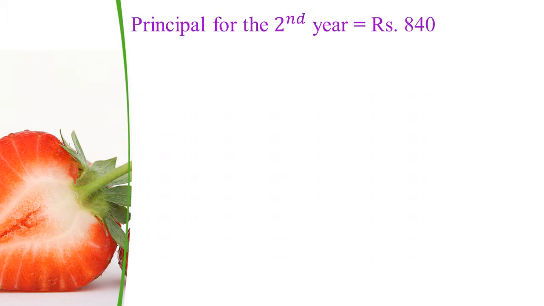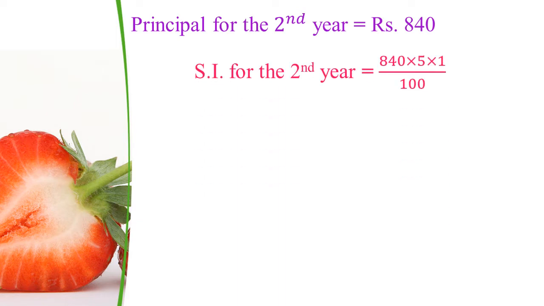So principal for the second year is rupees 840. Now we are going to calculate the simple interest for the second year. P multiplied by R multiplied by T by 100. Here the principal amount is 840. So 840 multiplied by R 5 multiplied by T 1 by 100.